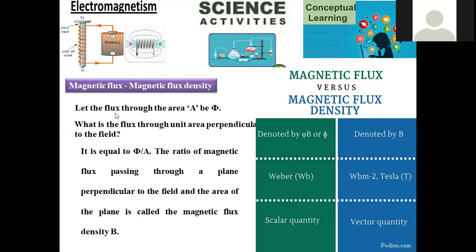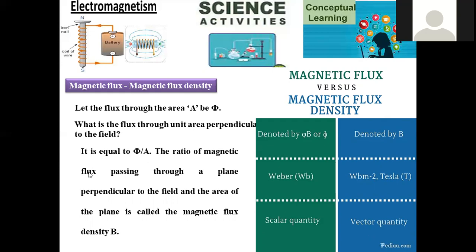Now let us see the flux through the area A, and phi denotes magnetic flux. The flux through the unit area perpendicular to the field is called magnetic flux density. That is denoted with B, the units are Weber per meter squared, in turn called Tesla, and it is a vector quantity.